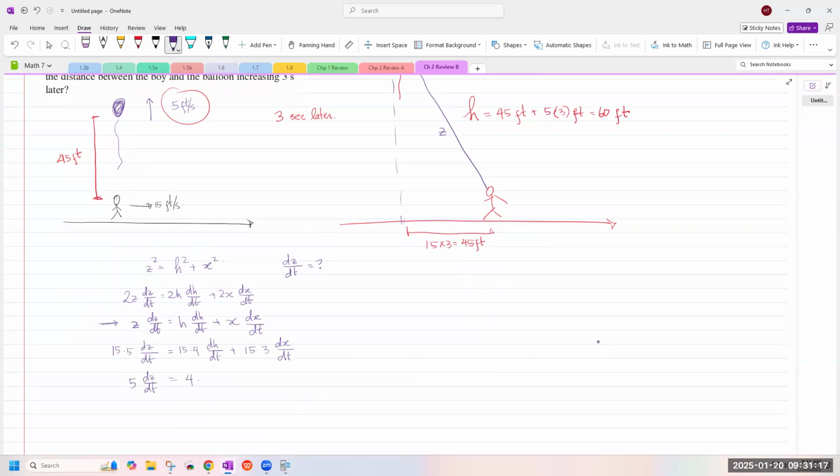The height is increasing at 3 feet per second, and x is increasing at 15 feet per second. Let me mark that I cancel the 15. Divide each term by 15, right? Then when I plug in numbers, dz/dt equals 1 over 5 times 12 plus 45. Is it right? 57 over 5. That's 11.4 feet per second.